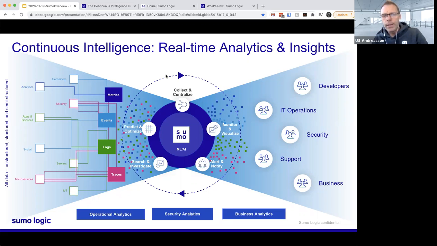So, we need to get the data into Sumo, and there are a number of different ways, using different technologies. The short answer is that data needs to be pushed into Sumo. We collect it using REST APIs and similar things, but basically getting the data into Sumo. Then we can support a number of different use cases, whether operational, security, or business use cases.